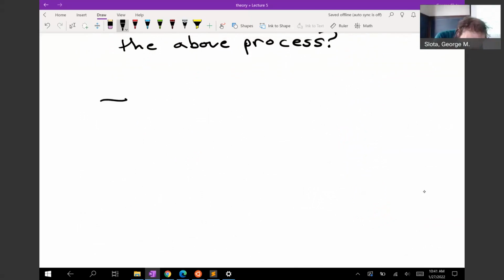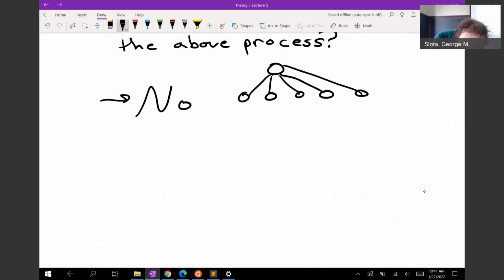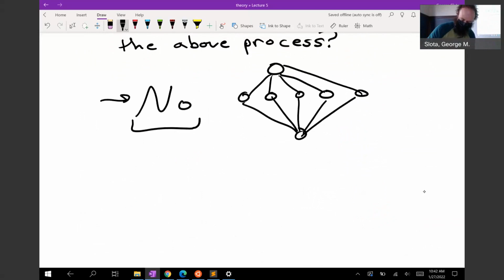So the answer is no. So here is the graph I believe you were saying. So 5 2s.